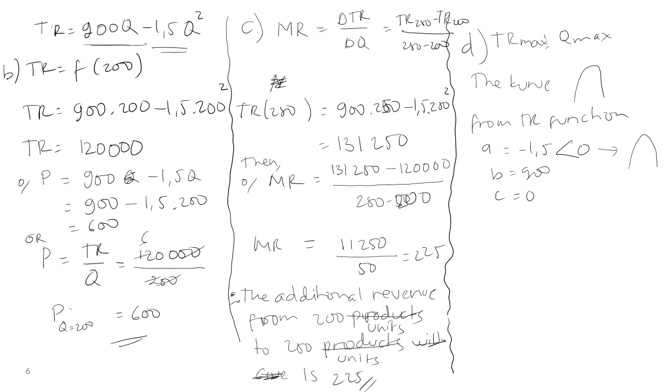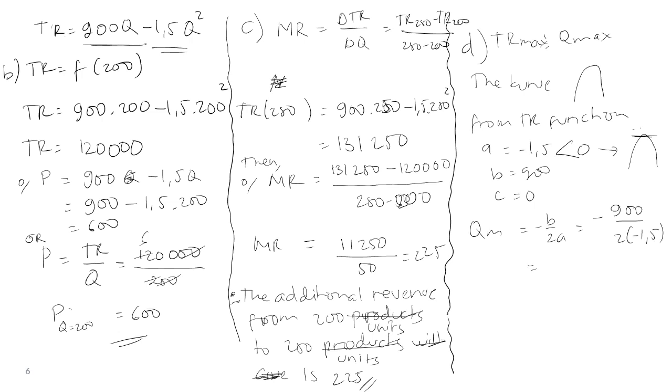Remember about the money in your savings account? I said if it is negative, then you will cry. Okay, so it has a maximum point. Now, QM, because Q is always on the x-axis, is minus B over 2A, which is minus 900 over 2 times minus 1.5, so that is 3.